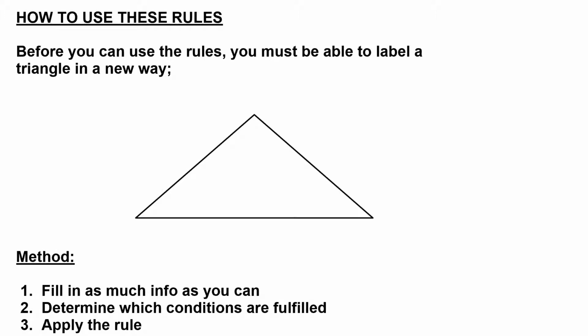So in any triangle that we're given, if it's labeled something like A, B, and C like so, all the angles would be labeled with a capital letter.